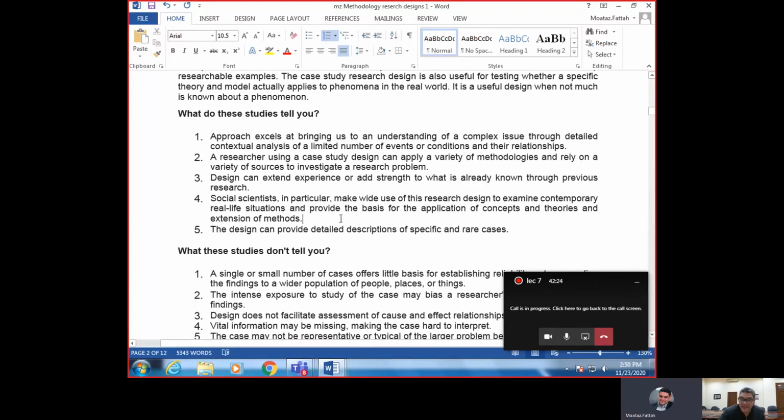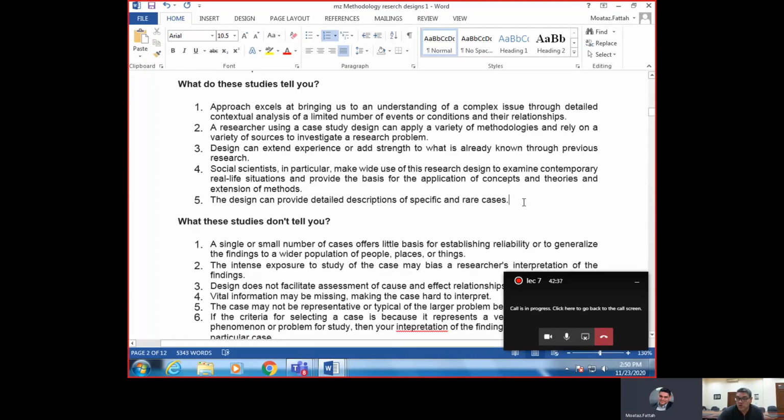The design can provide detailed description of specific and rare cases. Yes, that's important. We are interested in understanding something as important as Hitler. Hitler is a very important person. Or China. China is very important. This can be your case study. Why has China achieved this?